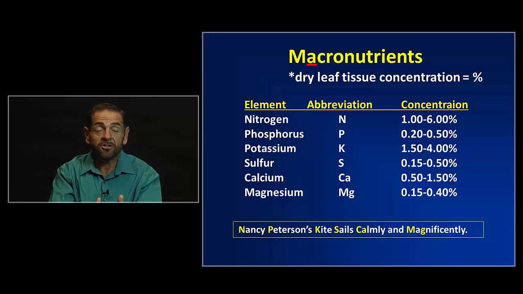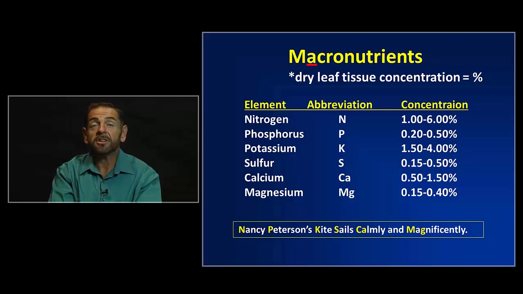In a dry leaf tissue, this is dry leaf tissue concentration, not the whole plant. Now, when I'm giving these examples, I'm giving you the list of the macronutrients, and macronutrients are those nutrients that are present in the dried leaf tissue, and when they're reported at the lab, they're reported as a percentage because they're that high in the plant. They make up a percentage of the dry weight.